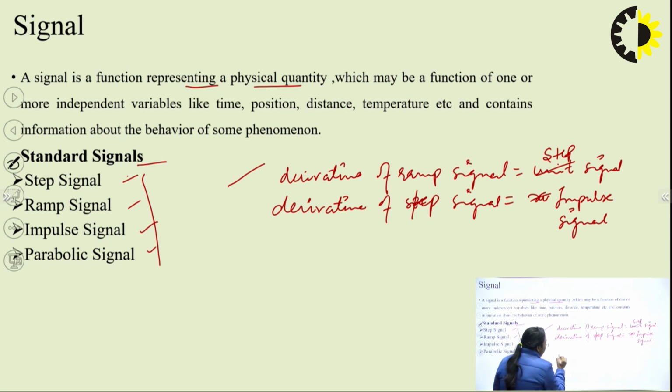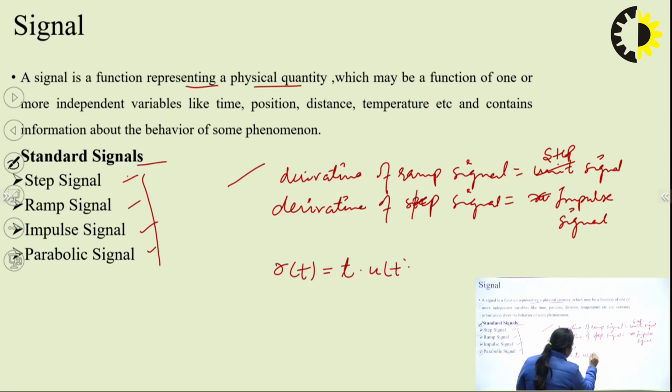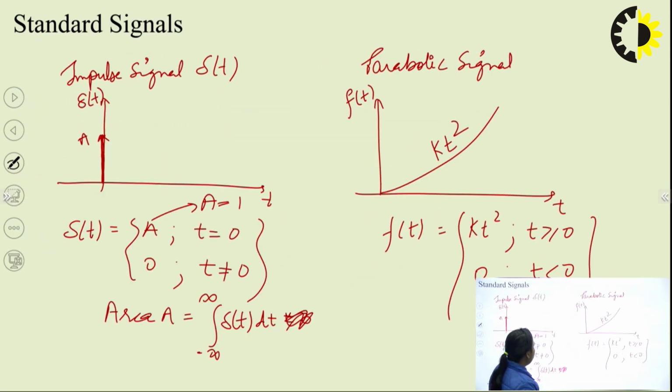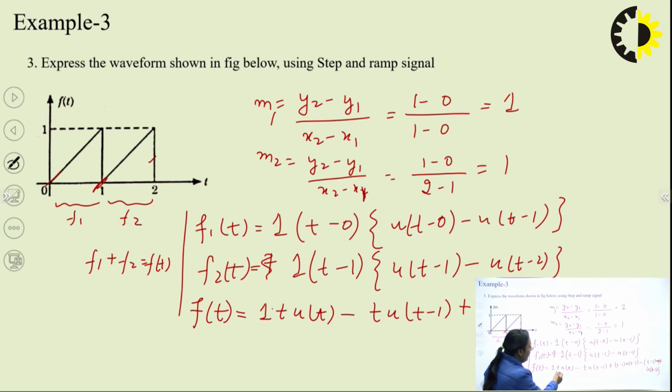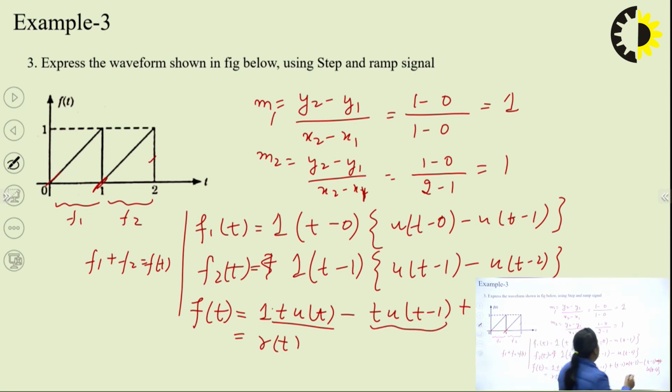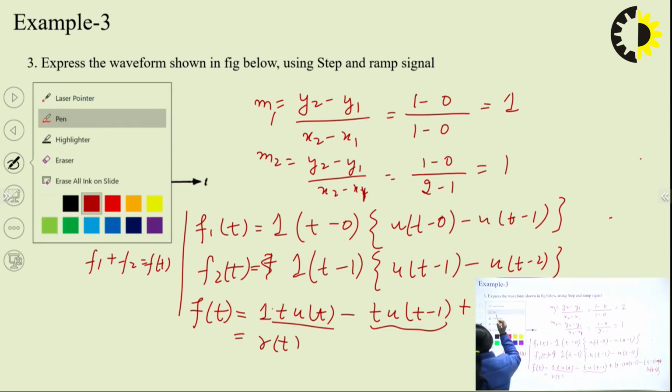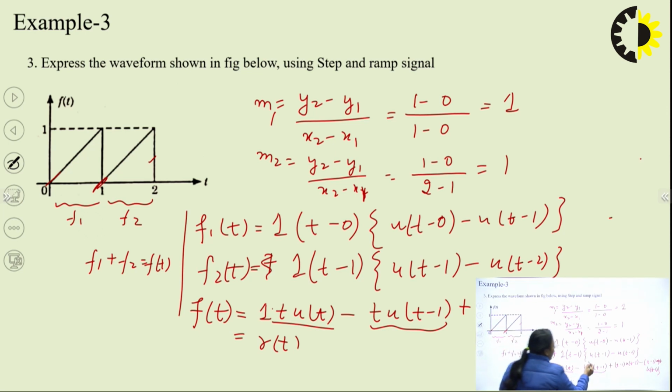So I can write it as r(t) will be equal to t into u(t). Okay, so we are going to use this property here, in this example. So t into u(t) will be equal to your r(t). Okay, now here what I have is t into u(t minus 1). So what I have to do is, if I multiply it by t minus 1, taking minus 1 plus 1 here, then t minus 1 into u(t minus 1) will be my ramp signal, right?